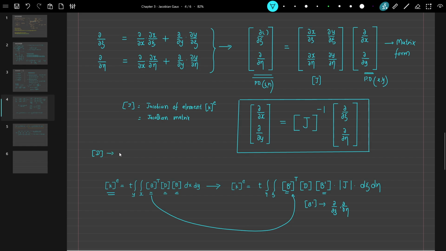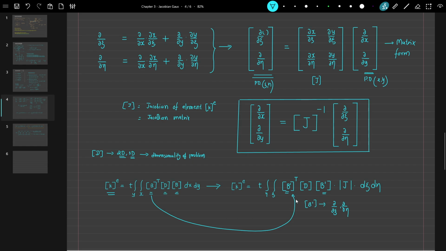It depends on whether it's a 2D or 3D case. So it has nothing to do with the element. It has to do with the dimensionality of the problem or space.